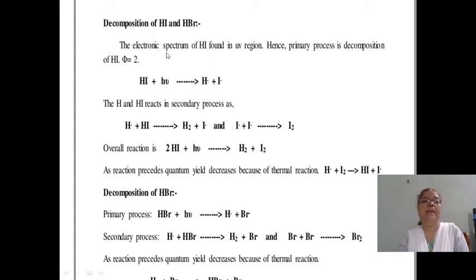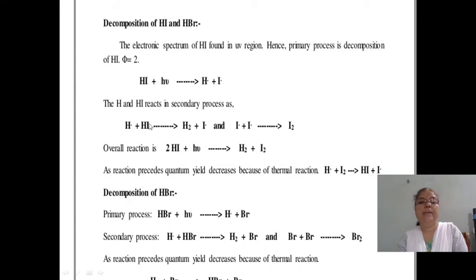Here, the electronic spectrum of HI is found in the UV region, and hence the primary process is decomposition of HI, and for this phi is equal to 2. So the HI molecule absorbs a photon and we have free hydrogen and free iodine. This is the primary process.